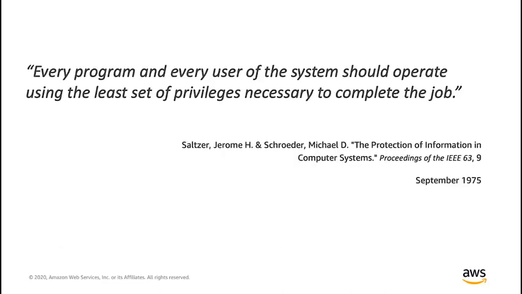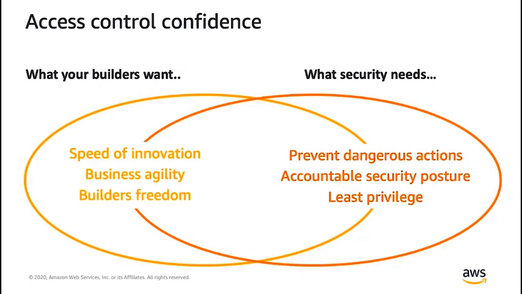The least privilege principle has been around before the internet was created and before computers were commonplace. But this is an everlasting journey. On one hand, we have builders who want to build without having to wait for anyone to give them permissions.